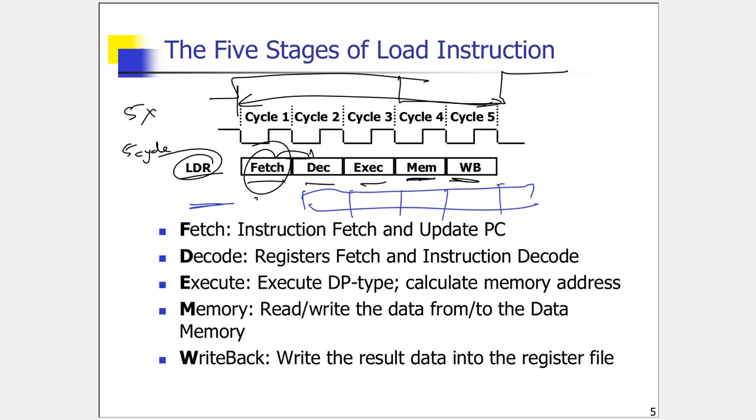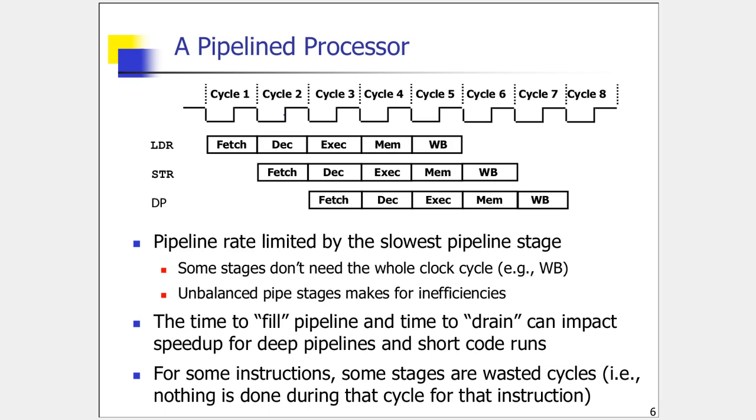So the first instruction starts in cycle 1, completes at the end of cycle 5. The second instruction starts at cycle 2 and ends in cycle 6. So you can see that there is an overlap of instruction execution, which is okay because different instructions will be at different stages of execution at any given time.